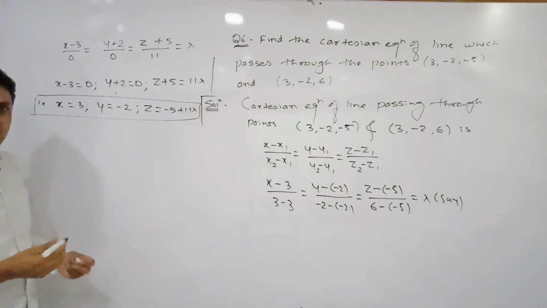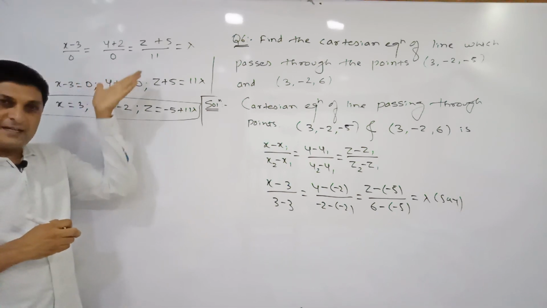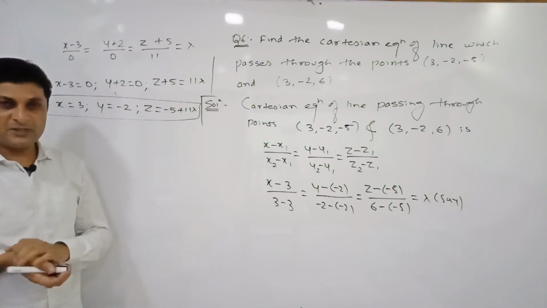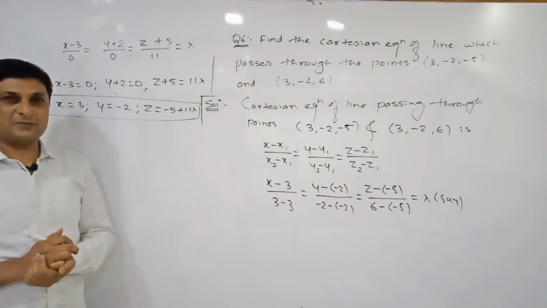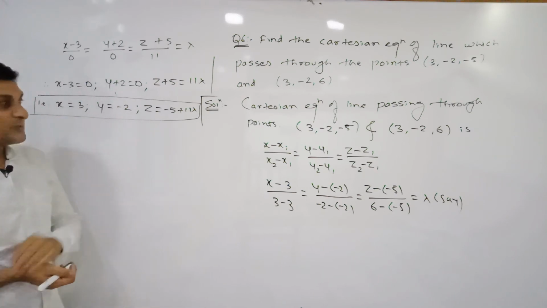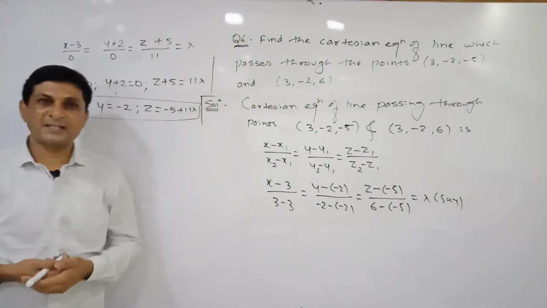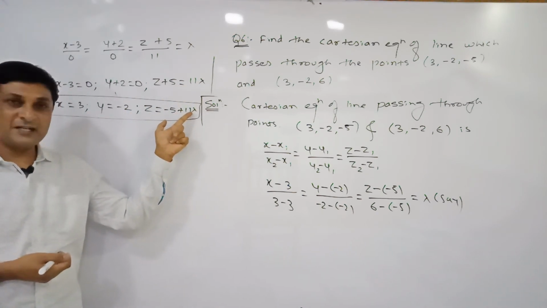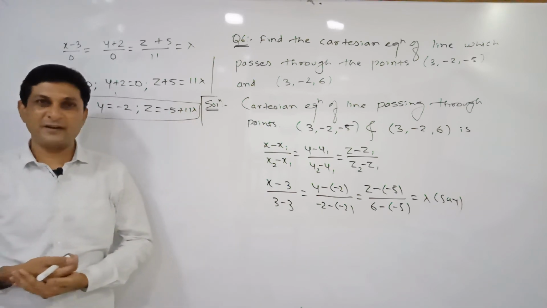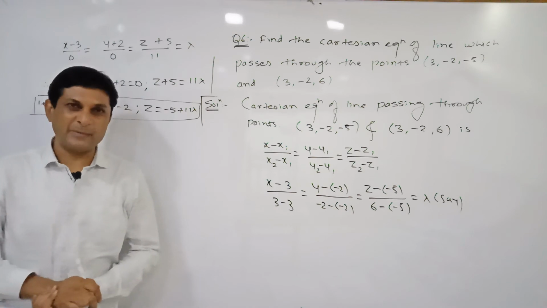Whenever 0 appears in the denominator, we convert the equation into parametric form. So we have got the required Cartesian equation of the line, in terms of lambda, where lambda is the parameter.